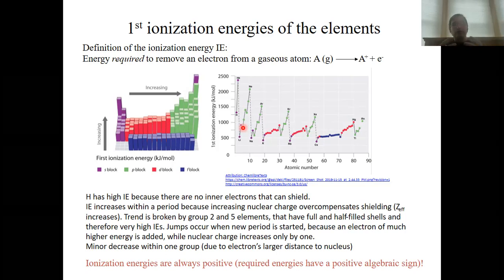And if we, for instance, go from beryllium to boron, we have to start a new subshell. So this is energetically not that favorable. So therefore, this new electron, in the new subshell, has a relatively high energy and therefore can be relatively easily removed.